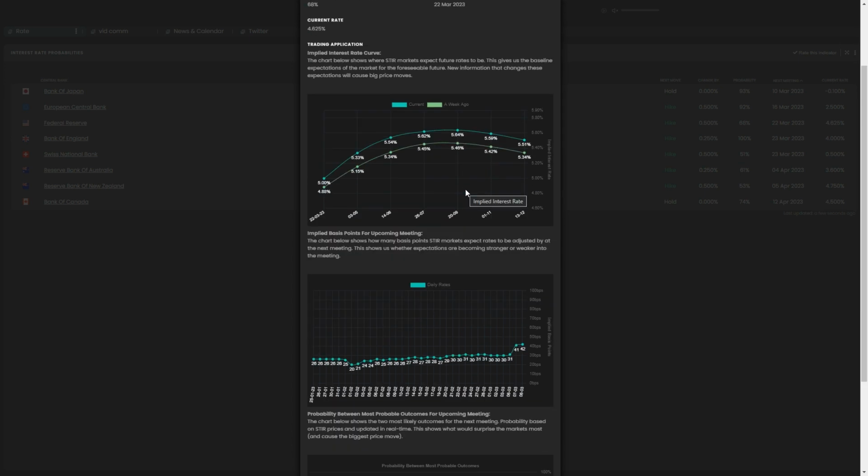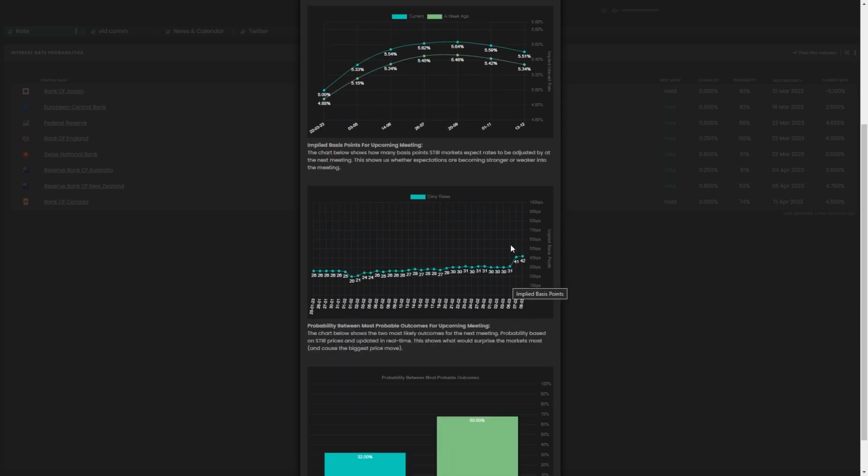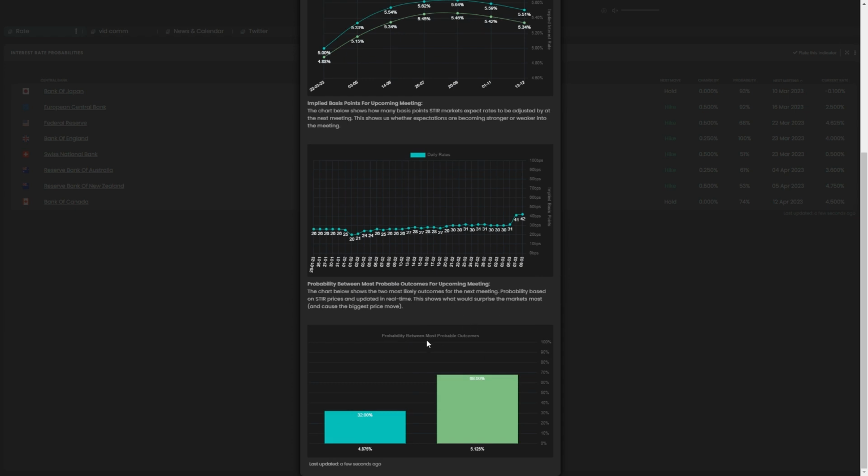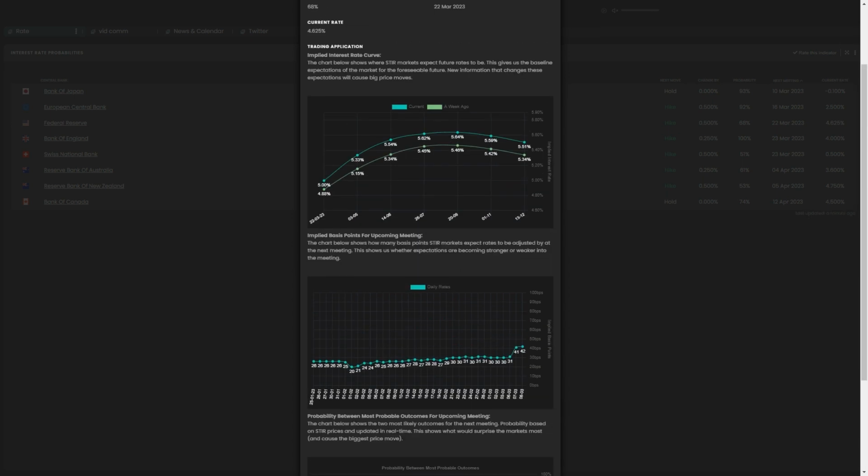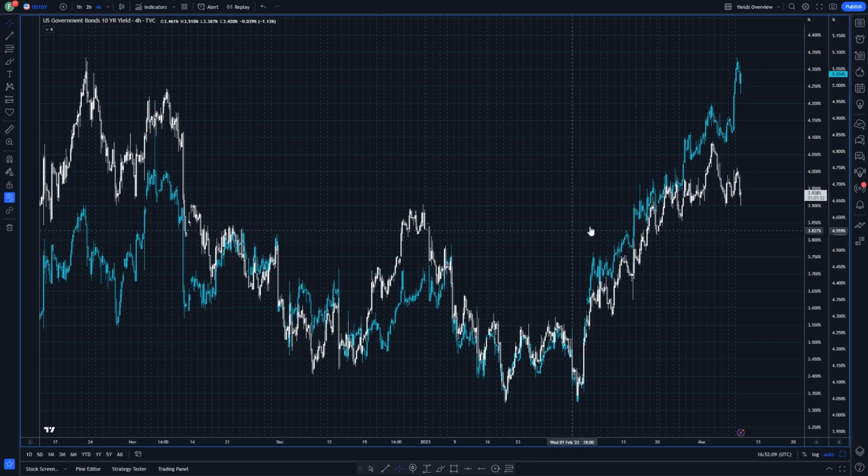We saw the implied size of the March hike jump from 31 basis points up to 41 basis points, which means that it shifted the odds of getting a 50 basis point hike in March higher relative to a 25 basis point hike. Now, why did this aggressive repricing impact the 2s and the 10s differently?